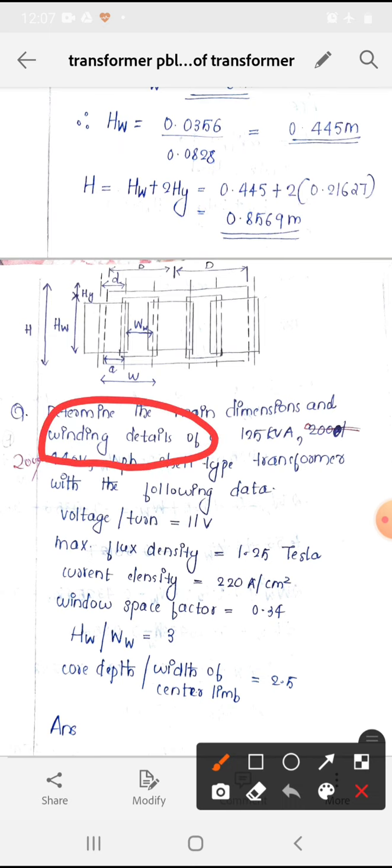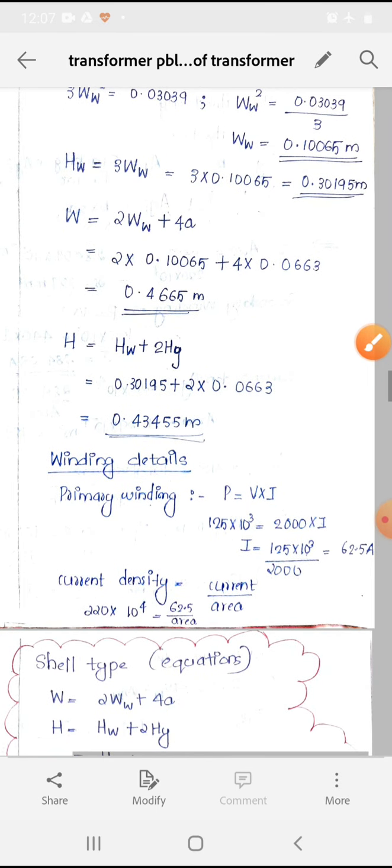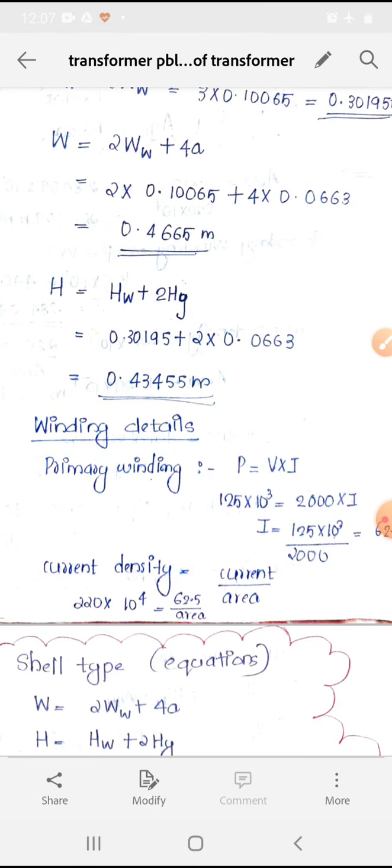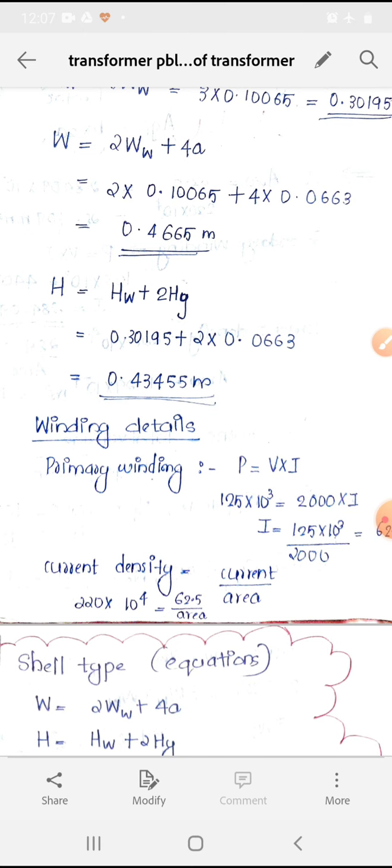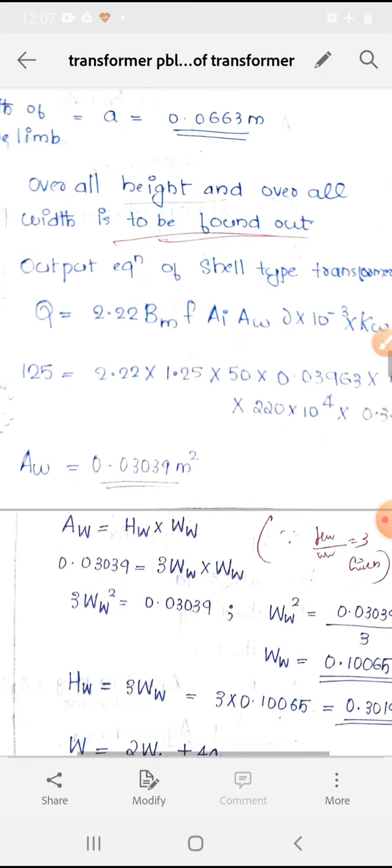So to find the winding details of the transformer, we need to first find the primary windings. Okay, transformer has two windings, primary winding as well as the secondary winding. So if in the question winding details is asked, we need to find both the primary winding as well as the secondary winding. So this is a single phase transformer.